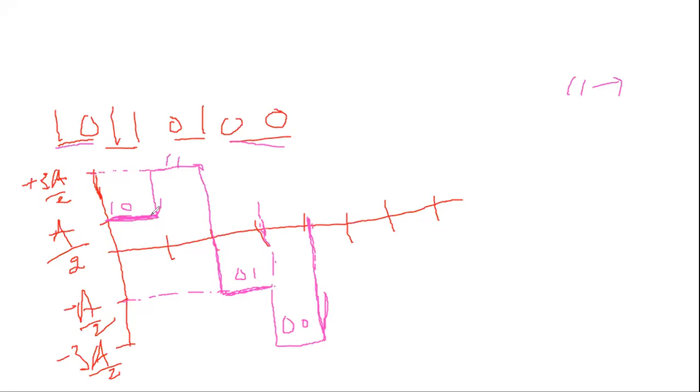What is the waveform? It started from this, then jumped up for 1 1, then goes down to the 0 1 level, after 0 1 went to the 0 0 level, then completed. So in this direction, then this direction, then move in this direction, then this. So this is all about your polar quaternary.